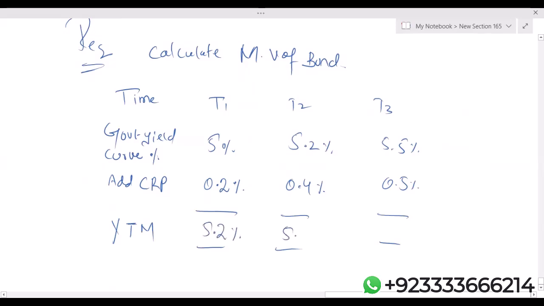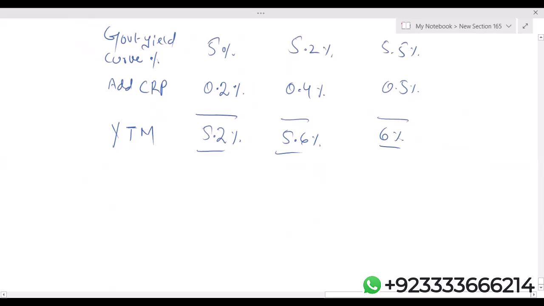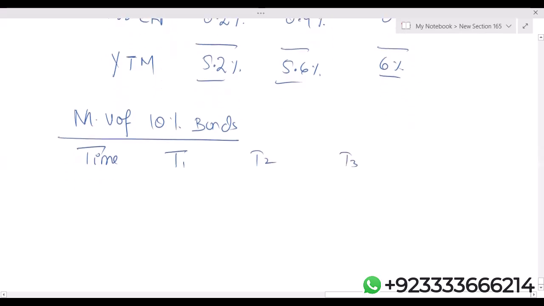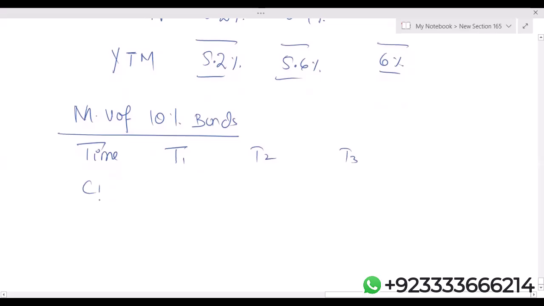5.2%, 5.6%, and now how will you calculate market value of debt? That is very interesting. Market value of 10% bonds at time T1, T2, T3. Let's take the cash flows.